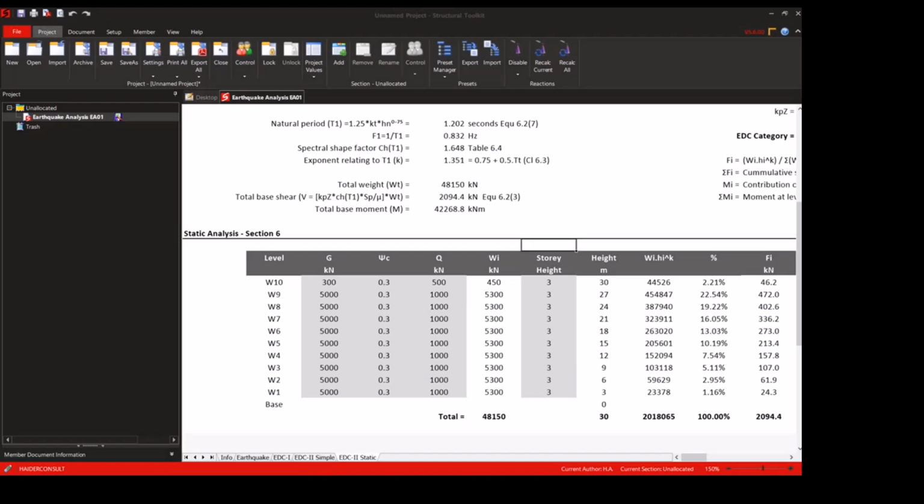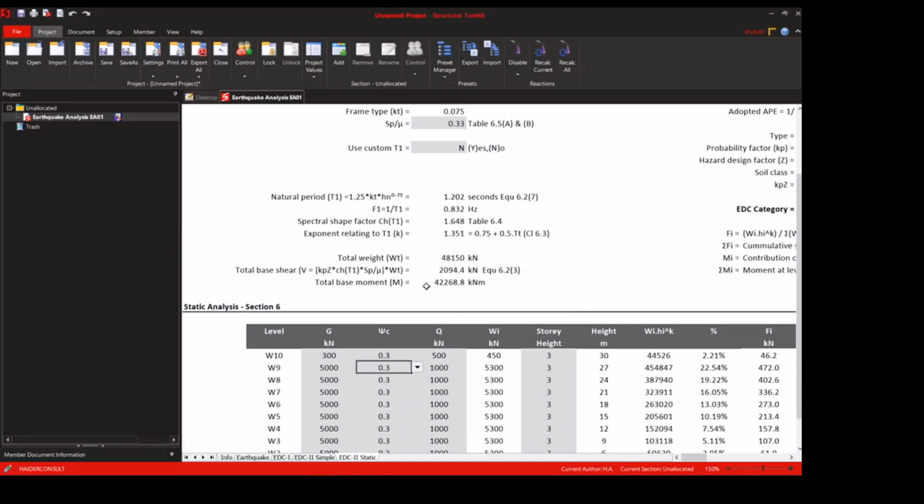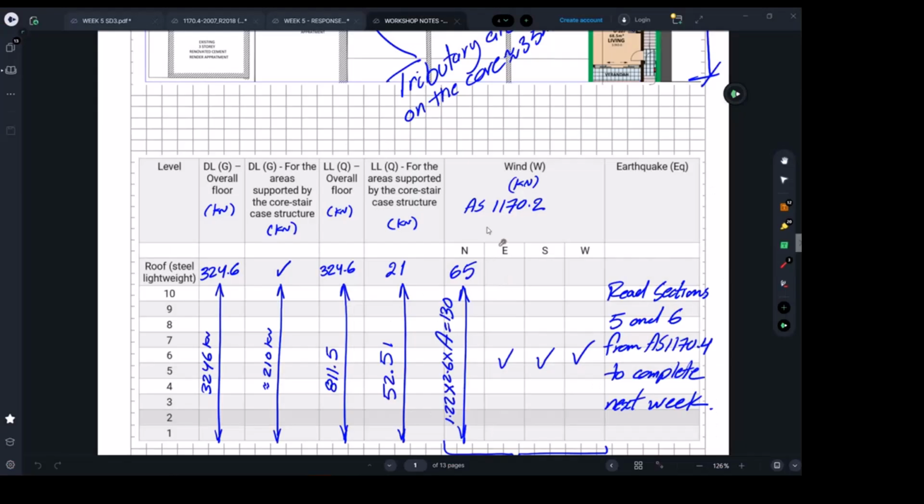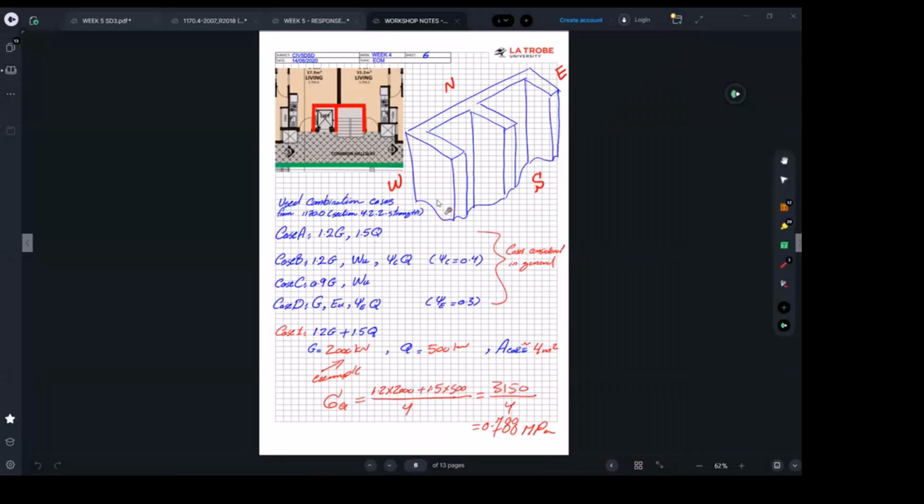Hello, sir. For the value of T1, should we put our own value or consider the value given there? Let me double check.